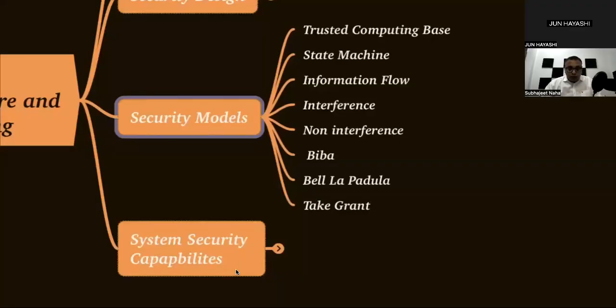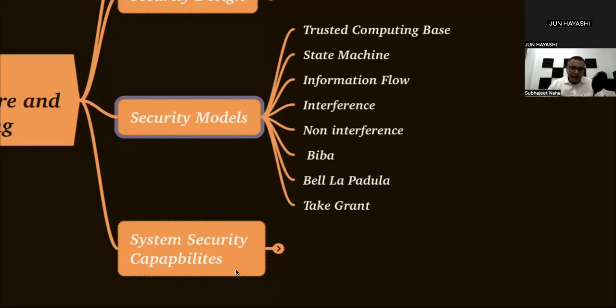Similarly, if you have to differentiate subjects and objects in a way that the integrity of the data is maintained, you use something called the Biba model. And if you have to maintain the confidentiality of the data, you use something called the Bell-LaPadula model. These are very well-recognized models used in very highly secure environments.